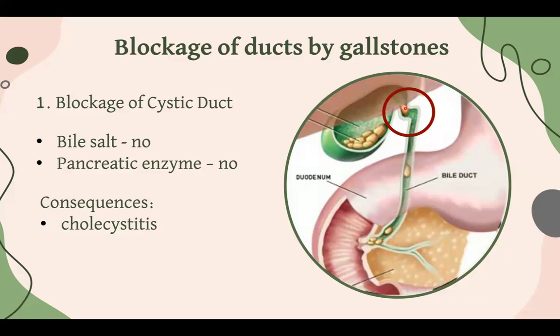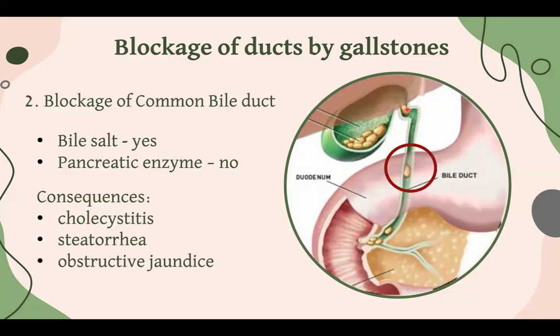Now the blockage of the cystic duct by a gallstone causes bile to accumulate in the gallbladder. When that happens, it eventually leads to inflammation, and that's called cholecystitis. That's one of the consequences of the cystic duct getting blocked by gallstones. Now, when the gallstones block the common bile duct, would it affect the bile salt secretion?